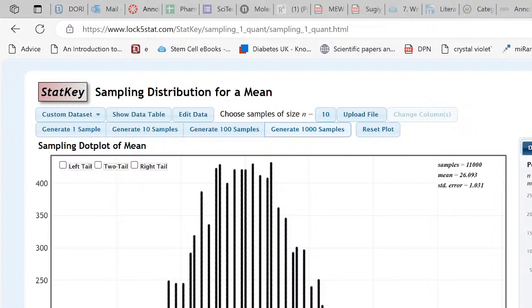So far we're up to 7,000, 8,000 samples of size 100. The mean is 26.102, which still compares well, with a standard deviation of 0.324.